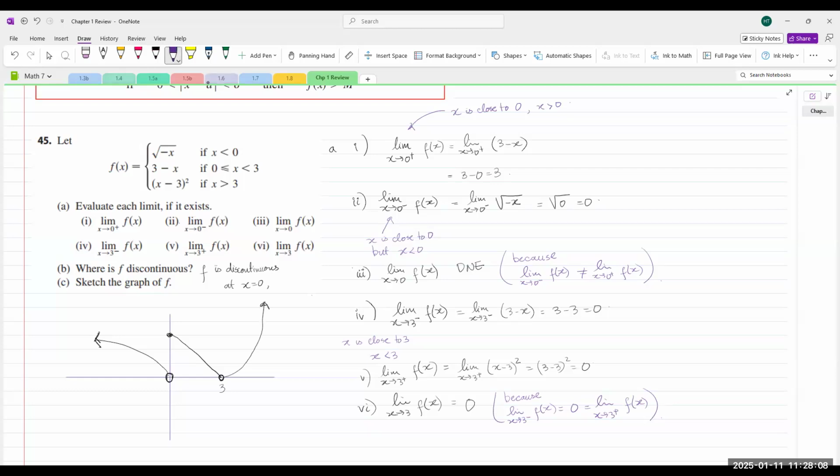Okay, so this is the (x minus 3) squared part, this is the 3 minus x part, and this is the square root of negative x part. Oh, and it's continuous there. So the only place that it is discontinuous is at x equals 0.